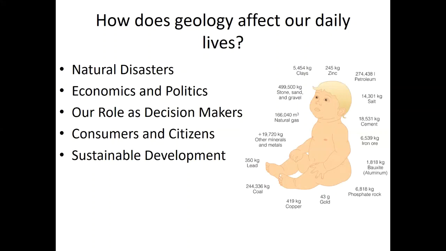The cost of goods, the cost of materials or resources depends on how scarce or how abundant they are, where they're located, the ease at which they can be acquired, how much processing needs to be done to get it from raw material to finished good. That all is dependent on the Earth, how those raw materials are allocated and located on the Earth.